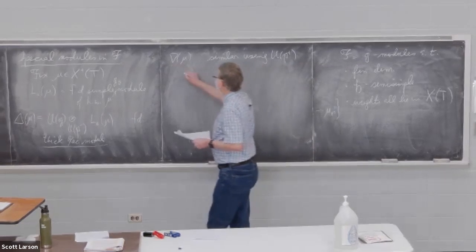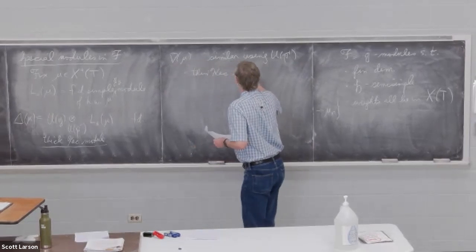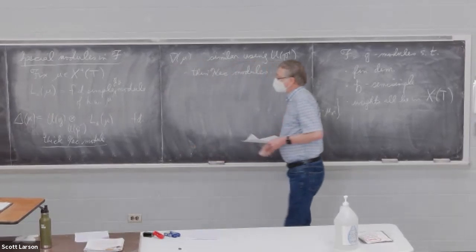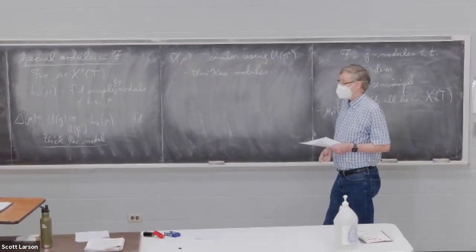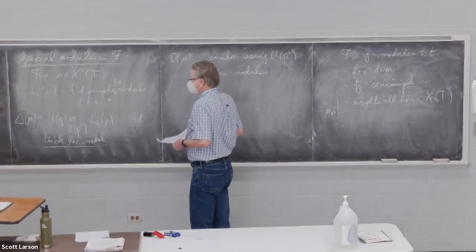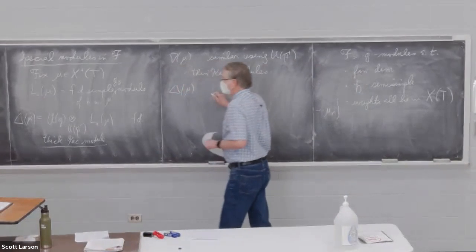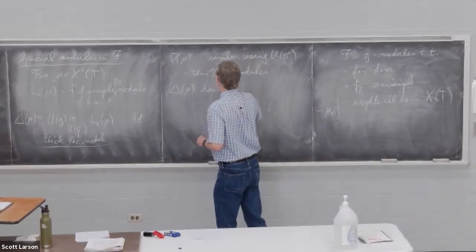So these are called thin Kac modules. They're also finite dimensional, but smaller dimensional than these thick Kac ones. The usual kind of theory says that this is a highest weight module, and it has a unique simple quotient.